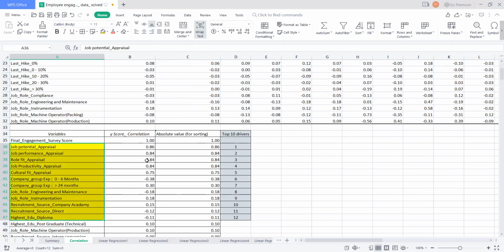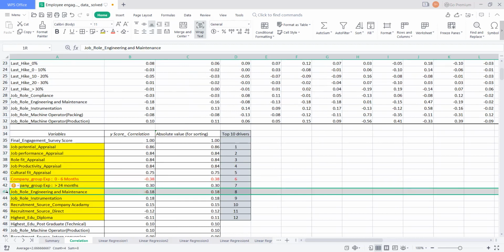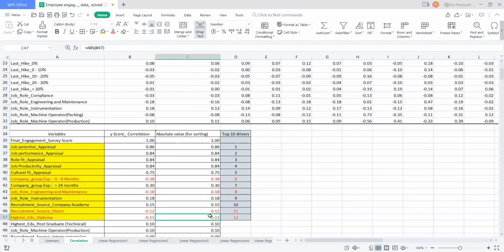Now, which are the ones which are positive? That means when there is an increase in this factor, there's a distinct increase in the engagement. You can see all the ones with a positive value. When they increase, the engagement increases, and all the ones with negative values, when they increase, the engagement decreases. Now, this is really interesting because it says the highest education diploma, so if you are a diploma holder, then you seem to be highly disengaged. If you get recruited through a direct intervention, you seem to be highly disengaged.